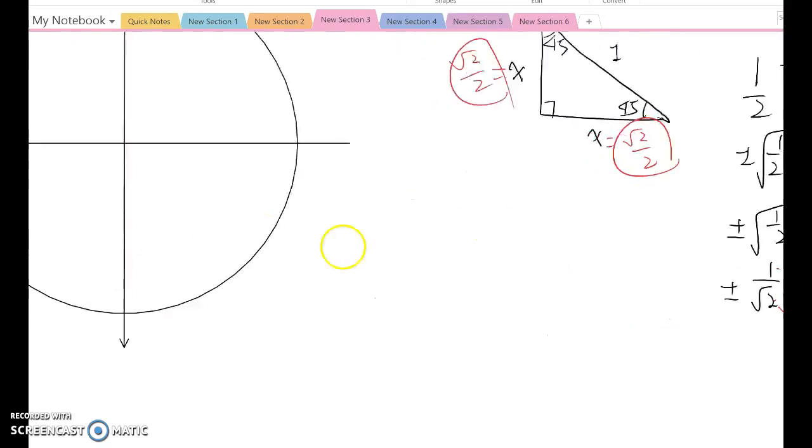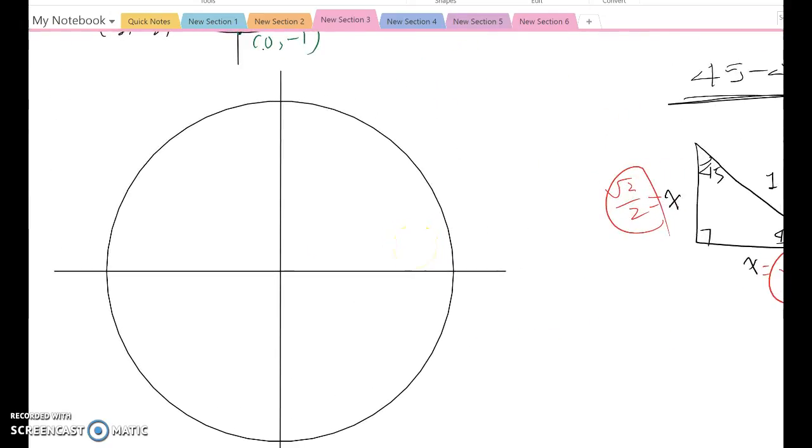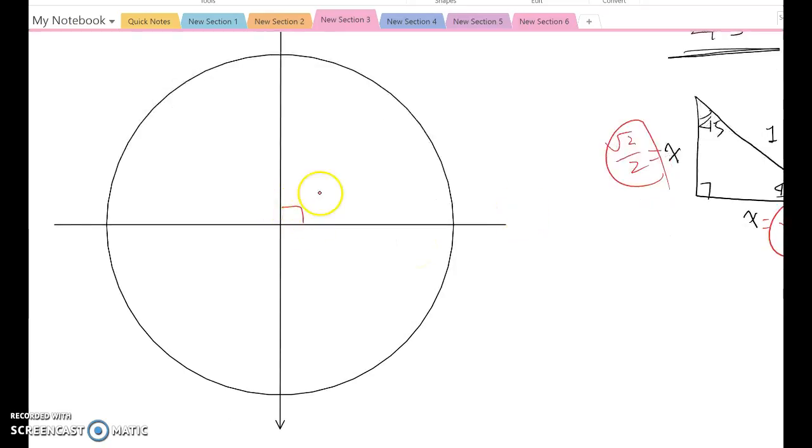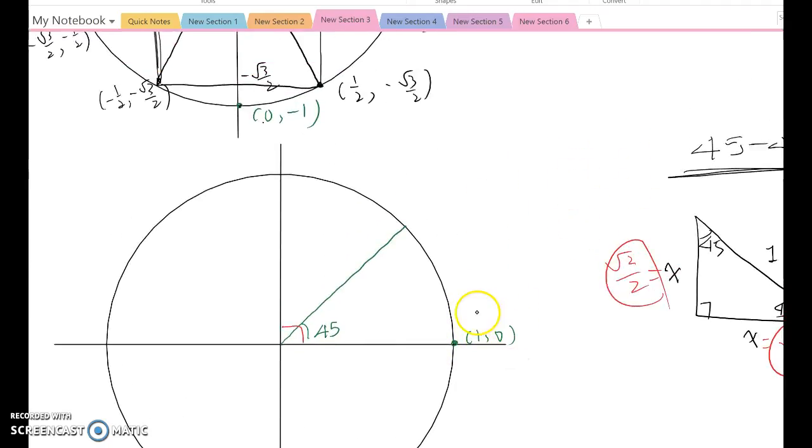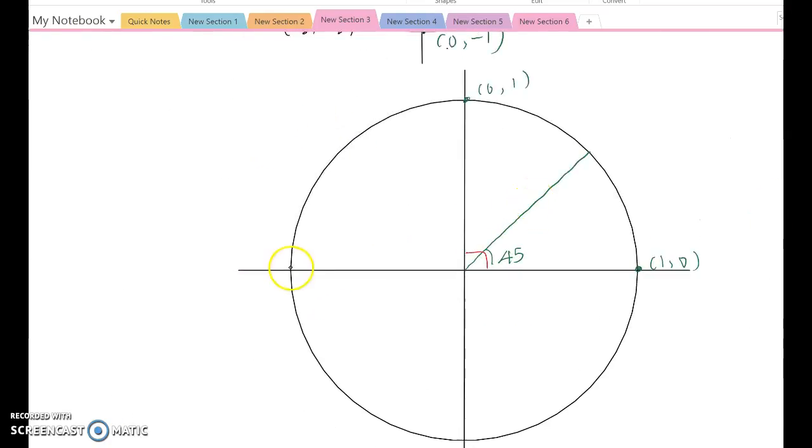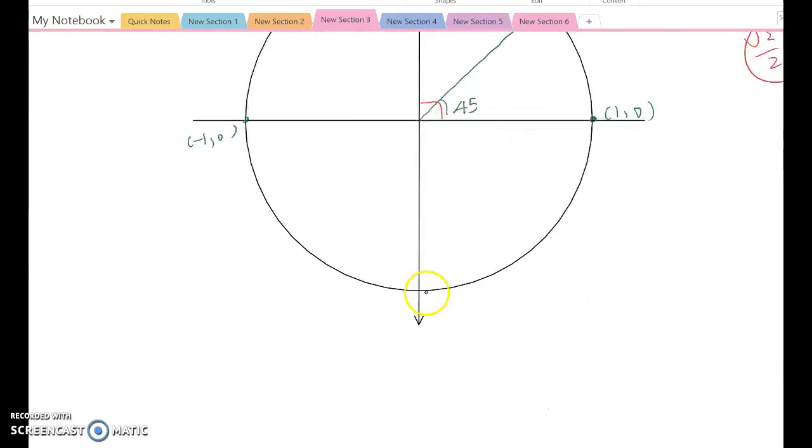Now, go here. So far, this angle is 90, right? So you just bisect this angle. Then you know this is 45, right? And then you know that these points are still 1, 0; 0, 1; negative 1, 0; 0, negative 1, right?